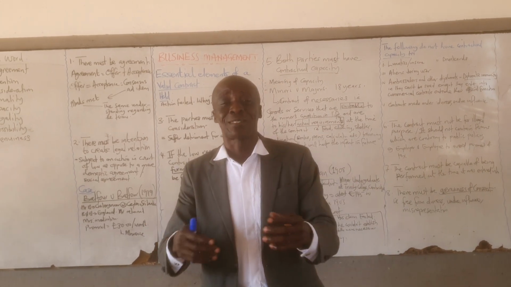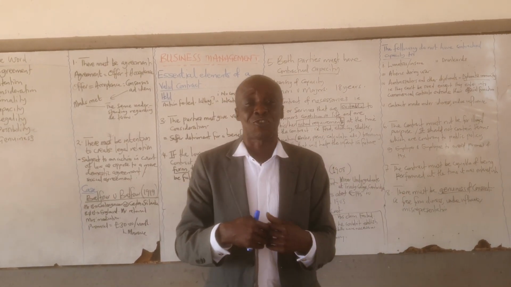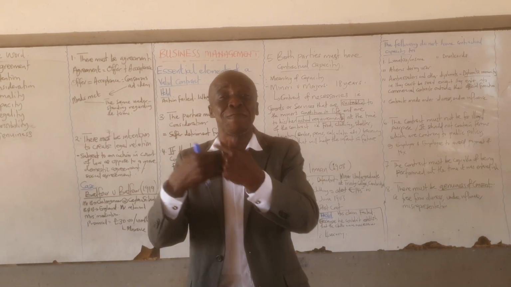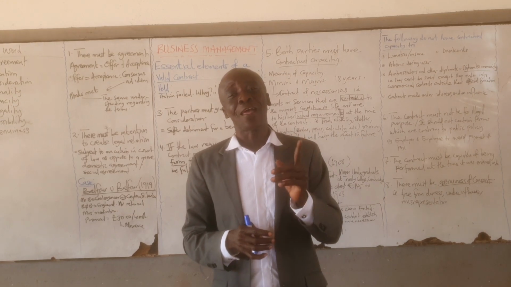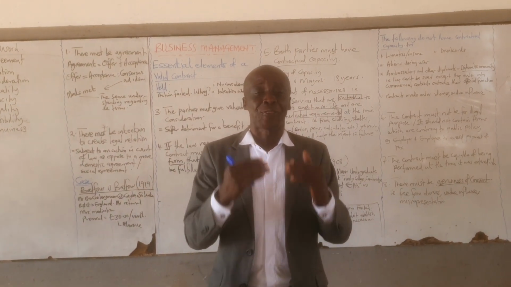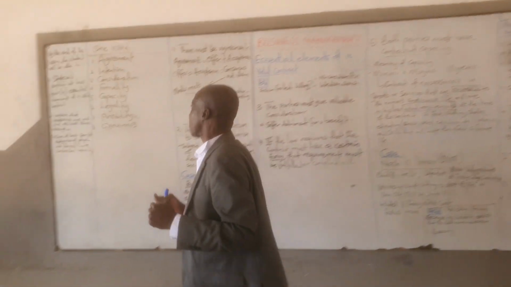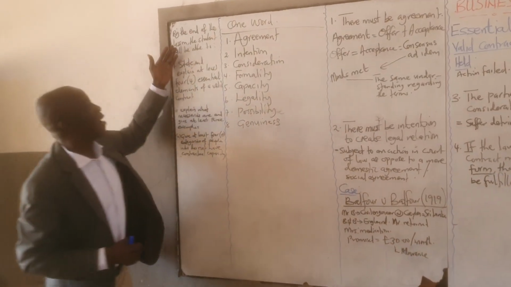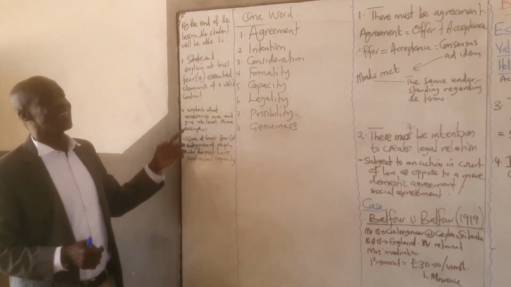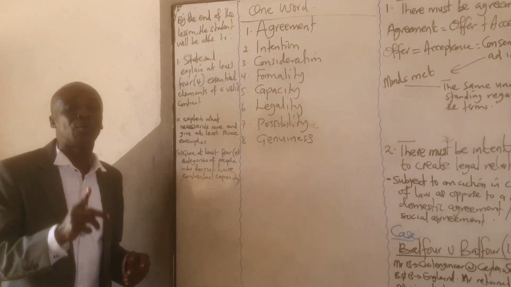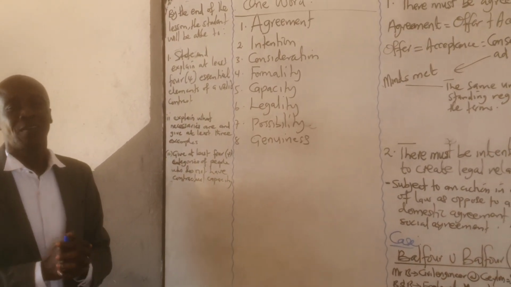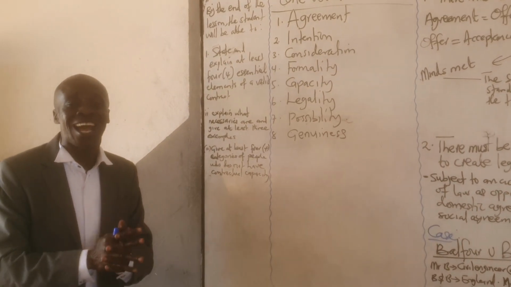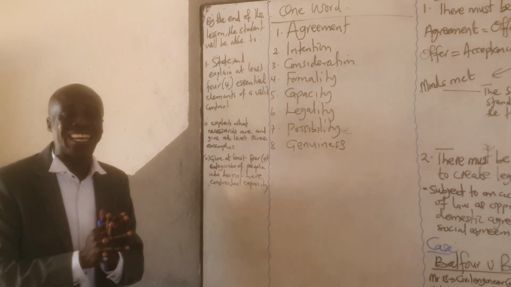And you know what is meant by unenforceable contract, and by invalid contract, which is the same as void contract. So by the time we are through with this lesson, our lesson objectives are: number one, you should be able to state and explain at least 4 essential elements of a valid contract.